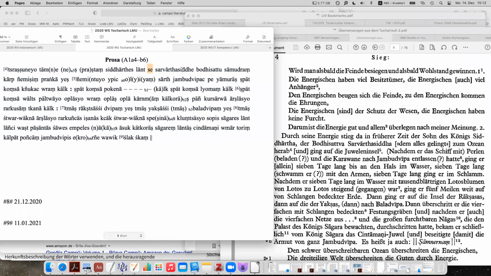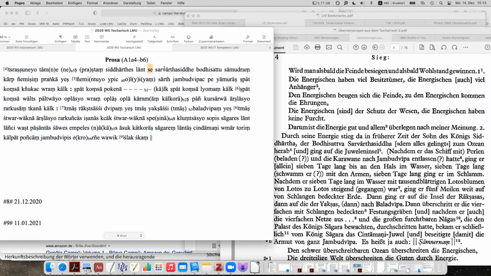And the son is a bodhisattva, so he's a bodhisattva. His name is Sarvata Siddha. So Sarvata Siddha is also a Sanskrit long word. So Sarvata means everything or every meaning or every... the artha is kind of difficult to translate.